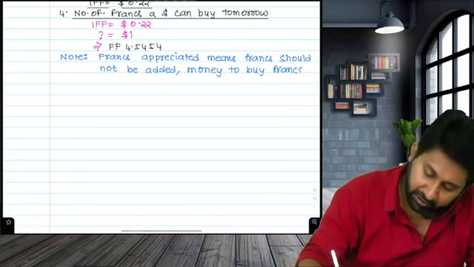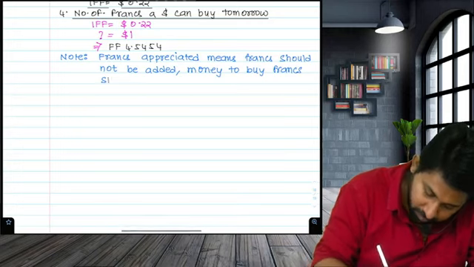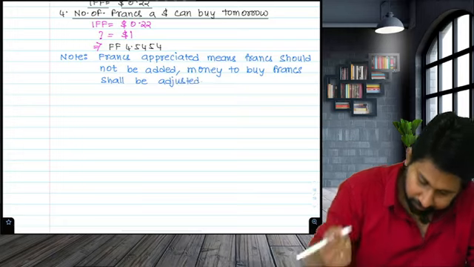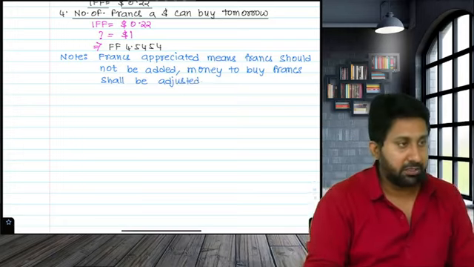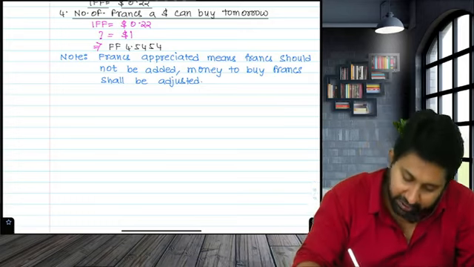The money to buy francs shall be adjusted.